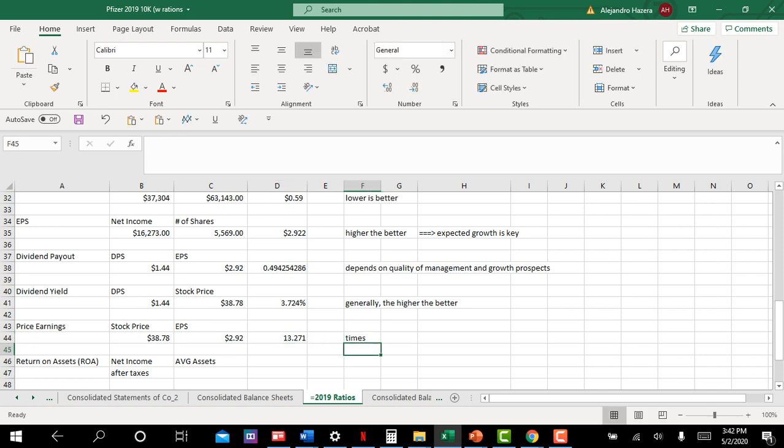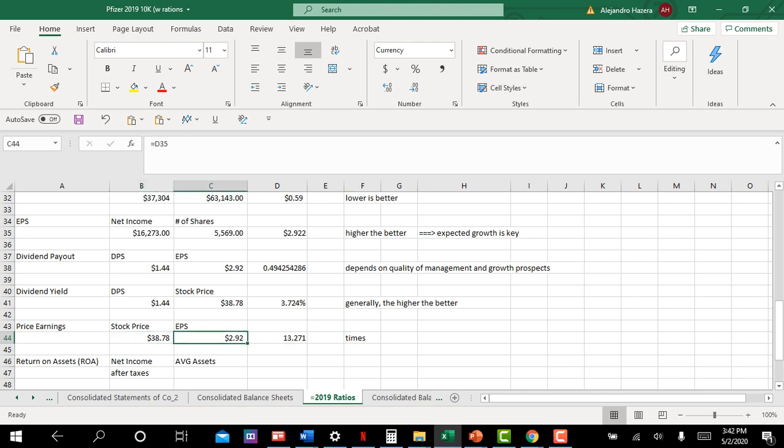Label this times. If you ever listen to CNBC or one of those Wall Street shows, a lot of times they'll say that the company's stock price is 13 times earnings. Well, that's the PE ratio, 13.71 times. This means, in general terms, and that's why I say you have to be very careful with this PE ratio, because stock price is a very theoretical thing.